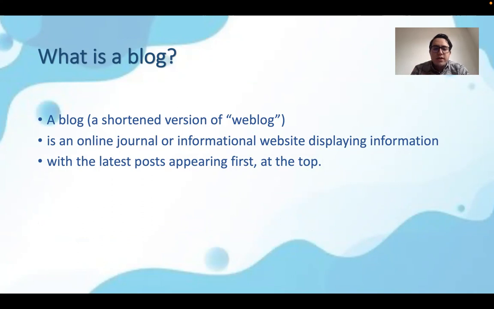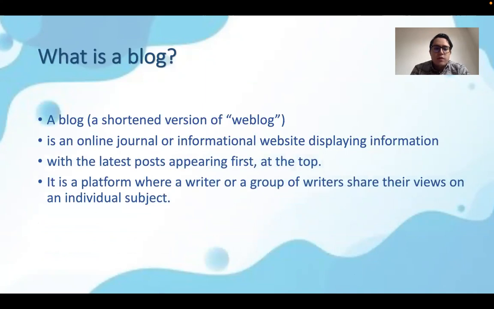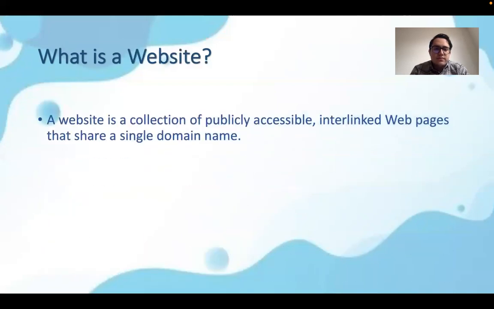When you post something, the last thing you posted is shown first. It is a platform where a writer or a group of writers share their views on an individual subject.